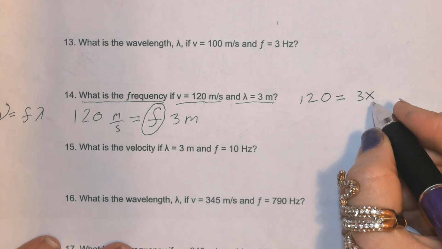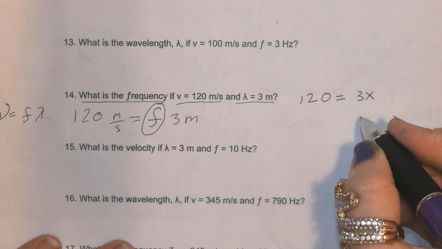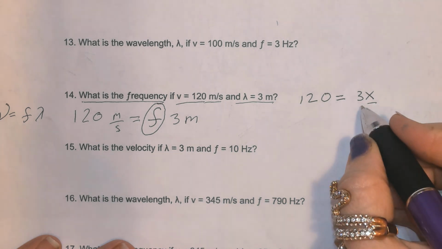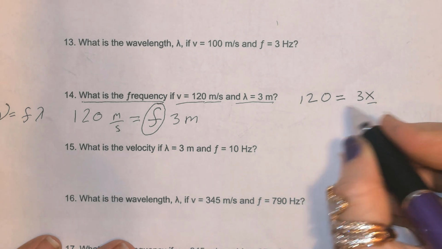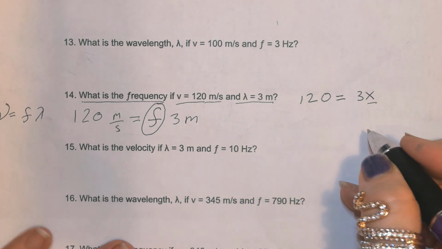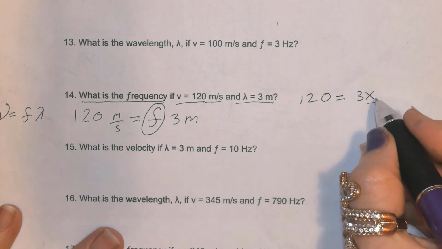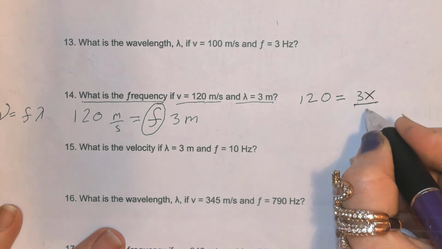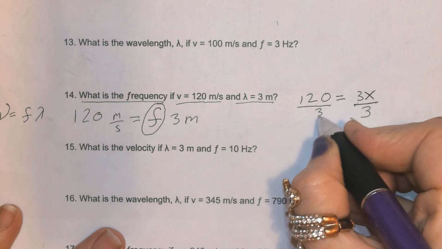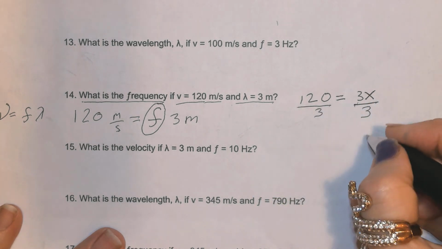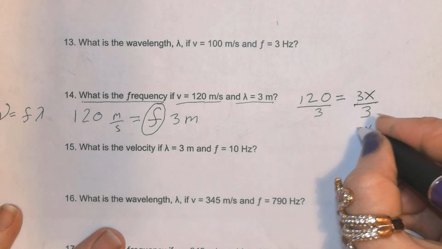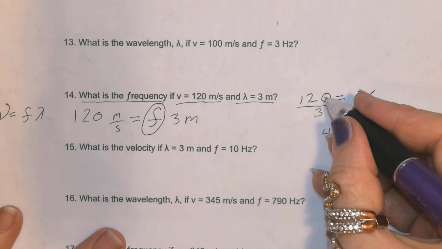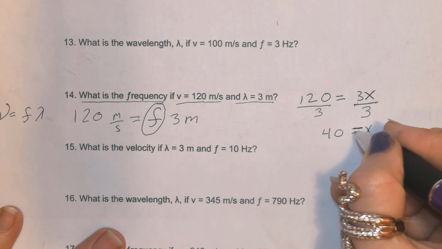To solve this, your algebra teacher told you that you need to isolate the variable, and you have to perform operations on both sides of the equation to keep it balanced. If the unknown x is being multiplied by 3, then divide both sides by 3, and you'll get x equals 40, because 120 divided by 3 is 40.